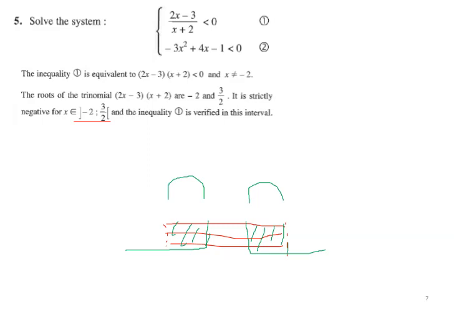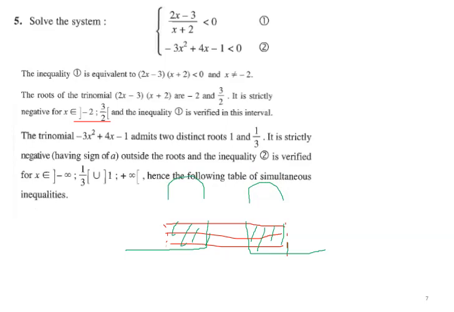Whenever you do the table, inside the root is opposite sign of a, so you get the solution minus 2 to 3 over 2. So we got the solution for the first one. Also, the second one admits 2 roots, and after doing its own table, you're going to get the solution minus infinity to 1 over 3 union 1 to plus infinity.